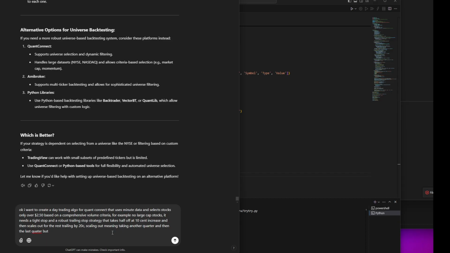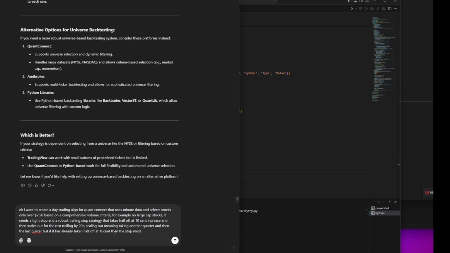But if it has already taken half off at 10 cents, then the stop must, I'm explaining this very badly.